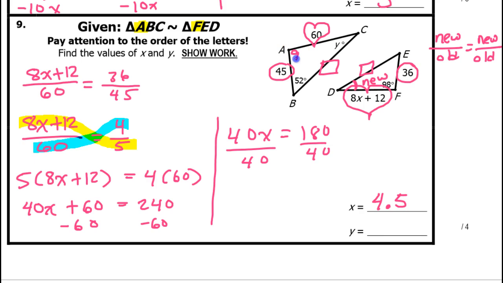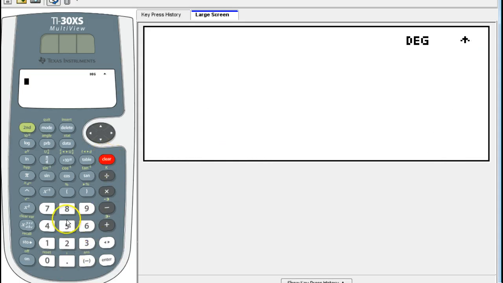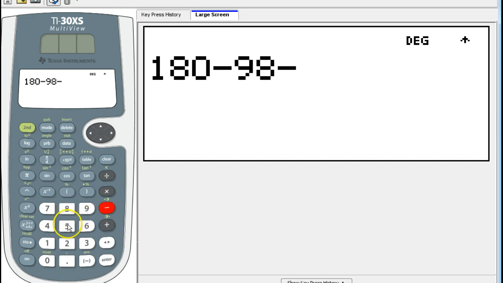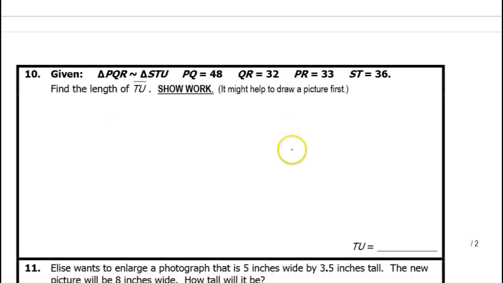That means angle A is also 98 degrees. So now we can find angle Y, well, angle C, but now we can find Y by subtracting the two of these from 180. So 180 minus 98 minus 52. So that's 30. So that tells us that Y is 30.